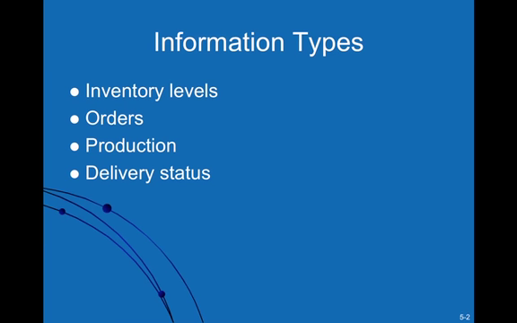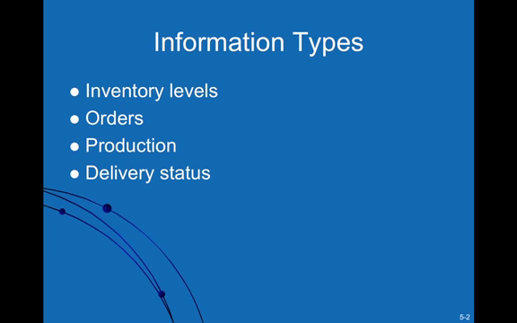There are different information types: inventory levels, so knowing exactly what is in stock at which locations in the supply chain, the actual orders that are placed one stage earlier, so say retailer orders to the distributor or distributor orders to the wholesaler, and so forth.